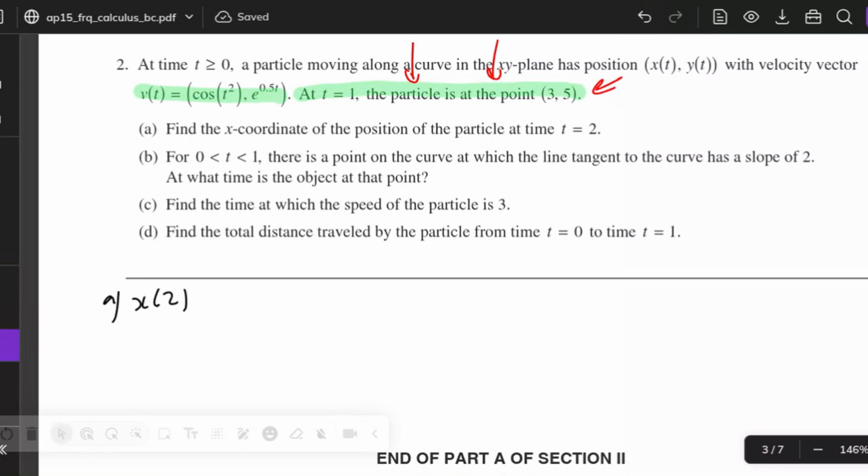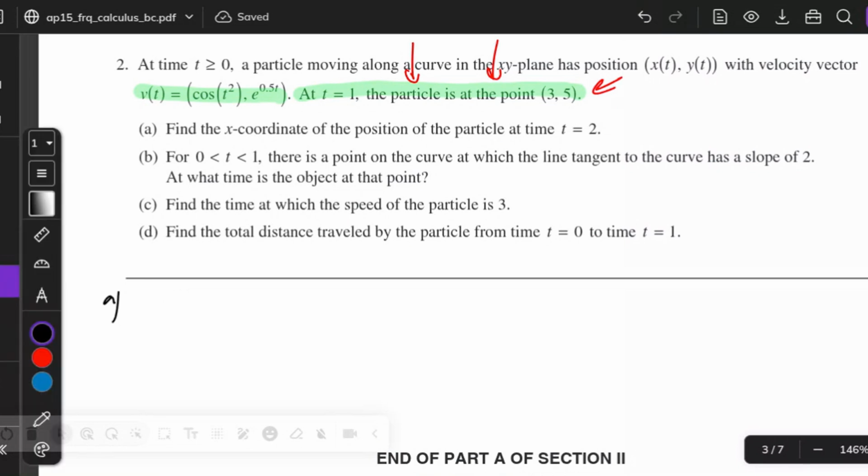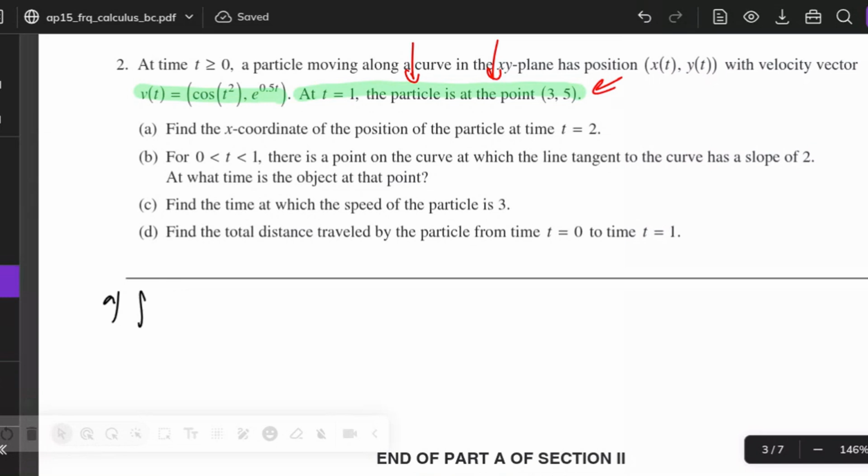And so, using the fundamental theorem of calculus, we know that the integral from 1 to 2 of x'(t) dt, or well, we're actually going to write that out so it makes it a little bit easier for us, cosine t squared dt, is equal to x(2) minus x(1).